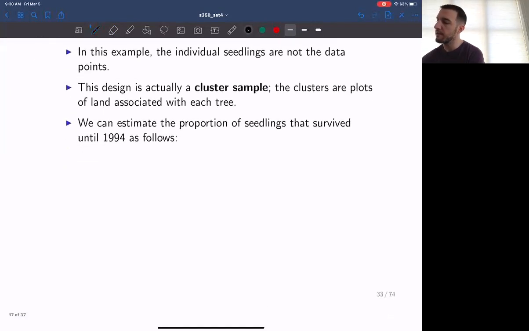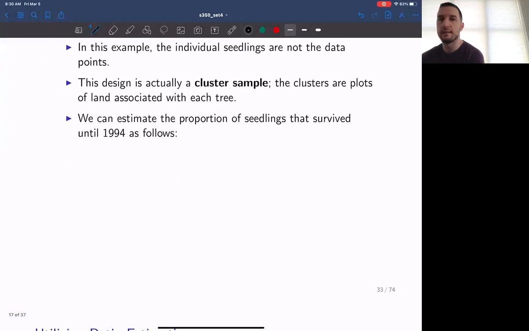If we wanted to estimate the proportion of seedlings that survived from 1992 to 1994, we can do that using a ratio estimation scheme that follows from what we did in our estimation for the total example.